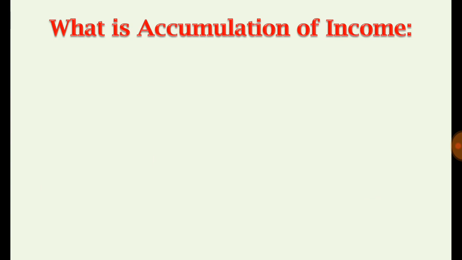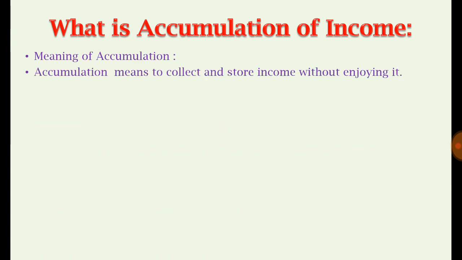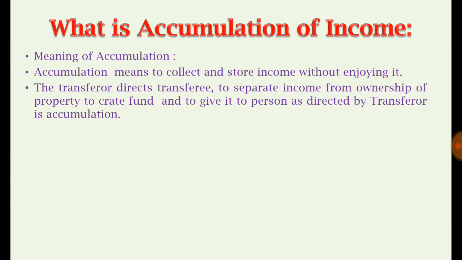Firstly, friends, we must understand what is accumulation of income. The term accumulation means to collect and store income without enjoying it. It means to collect and store the income of the property which is transferred. The transferor gives some direction to the transferee through the transaction to separate the income from ownership of the property.